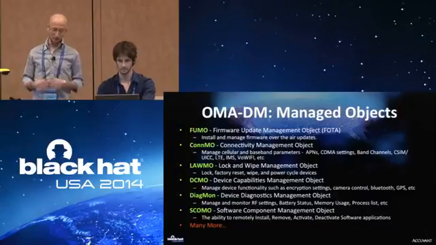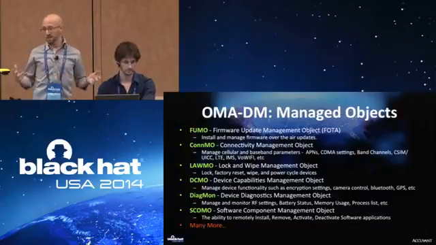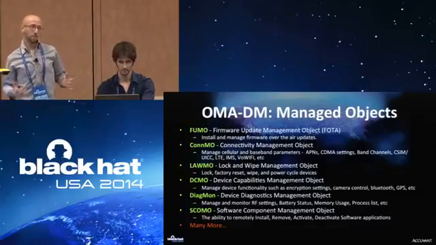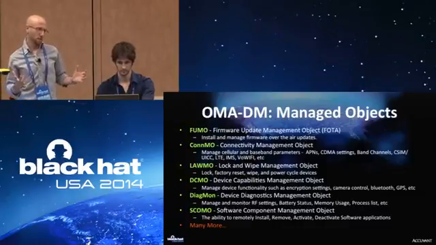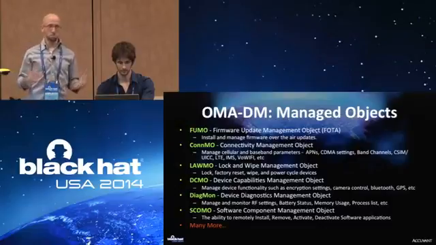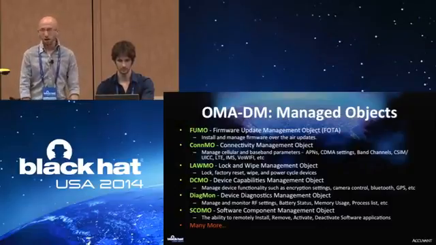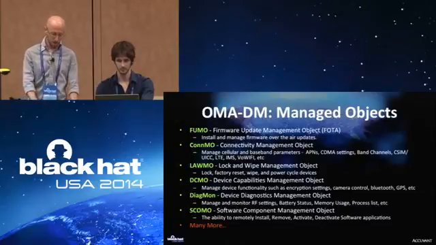Then we also have things like ConMO, which is pretty standard, allows the carriers to remotely reconfigure basic network settings, things like APNs, all the weird carrier stuff. But there are some interesting parts in that.